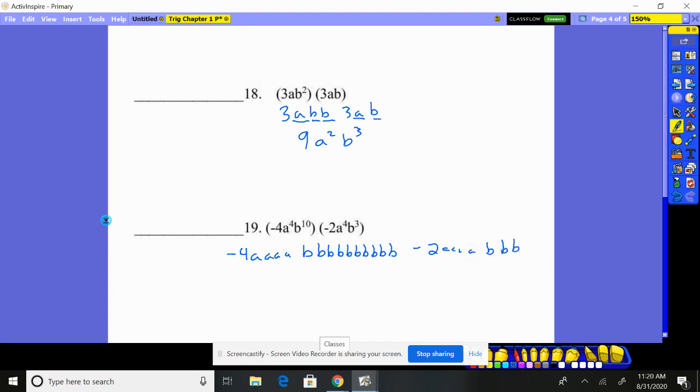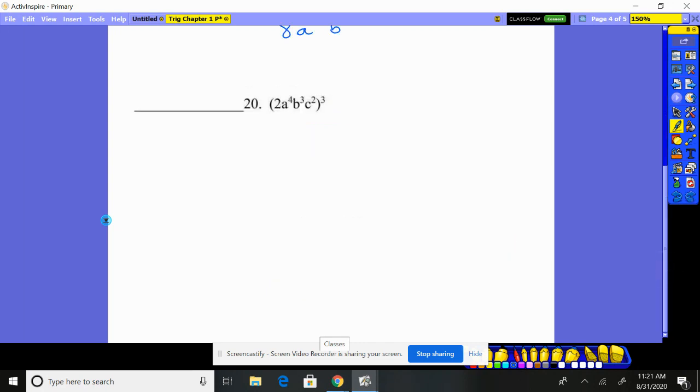Now, granted, you should start getting used to sort of visualizing this in your head to get the answer, but it didn't hurt to write it out. Negative 4 times negative 2 is positive 8. I got 4 a's, 4 more, so that makes 8 of them. B's, I got 10 of them, 3 of them, that's 13 of them. B to the 13th. Here's number 19.